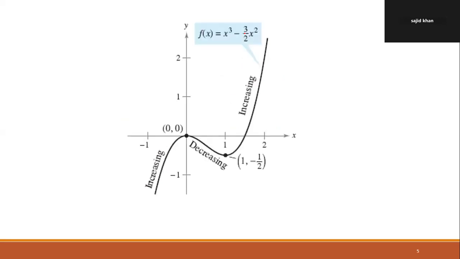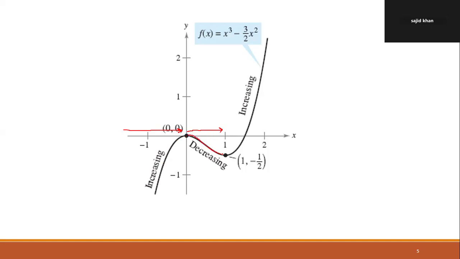Similarly, in this case it is a different function, and you can see clearly from the graph that from minus infinity to 0, when input is increasing, the function value is increasing and approaches 0. But after crossing the origin, from 0 to 1, with the increasing value of x, the output is decreasing.